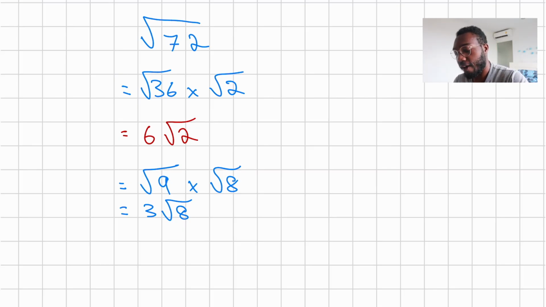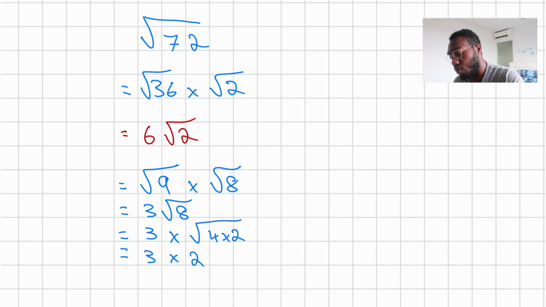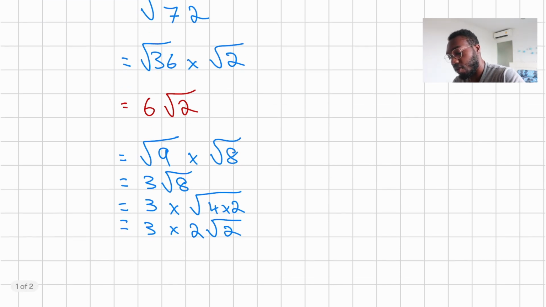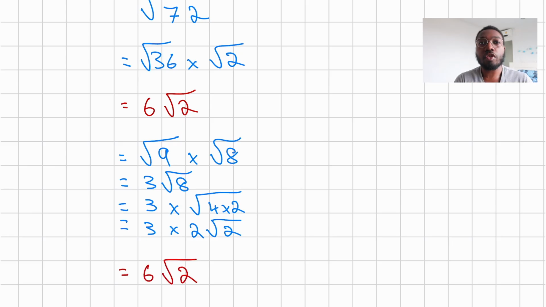So if you did that, you would get 3 times the square root of 4 times 2, and that would give us 3 times 2 root 2, which would therefore also give us 6 root 2.